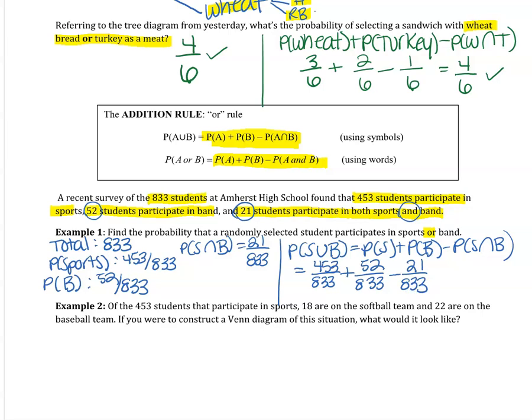Okay, so again, this is my probability of sports coming right there. This is my probability of being in band. And then remember, these 21 people are in both, and we don't want to count them twice, so I subtract it once. Add those numerators together, keep the denominator the same, and you should get 484. So the probability of selecting someone in sports or band is 484 out of 833. And that's how you would use your OR formula to solve.